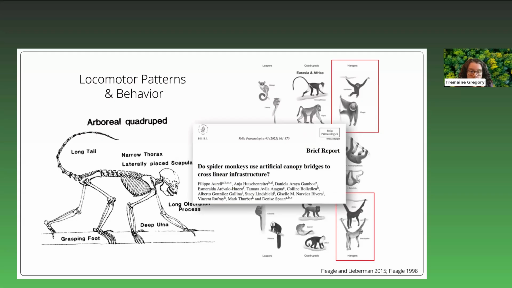This was a paper written a couple of years ago demonstrating that spider monkeys, a really important group of species across the neotropics, big frugivores that are really important for seed dispersal, had not been shown by the time of that paper in 2022 to use canopy bridges at all in a survey of hundreds of researchers. So we really need to think about their behavior and their biomechanics in order to understand how they move and how to develop solutions for them. Okay, next slide.